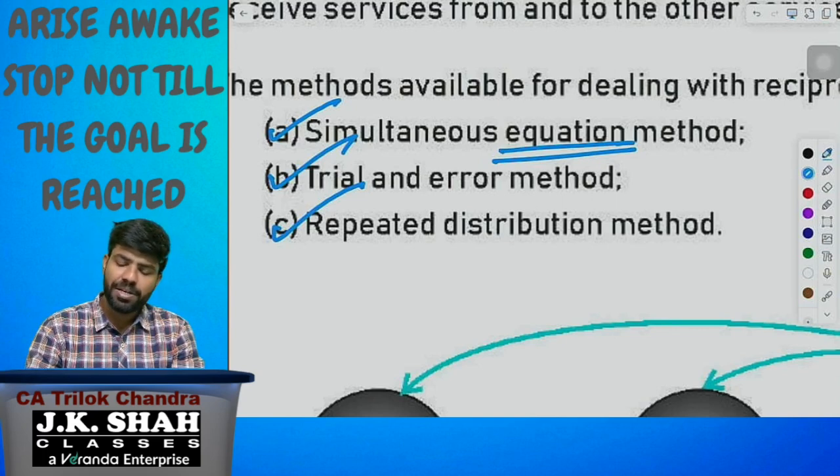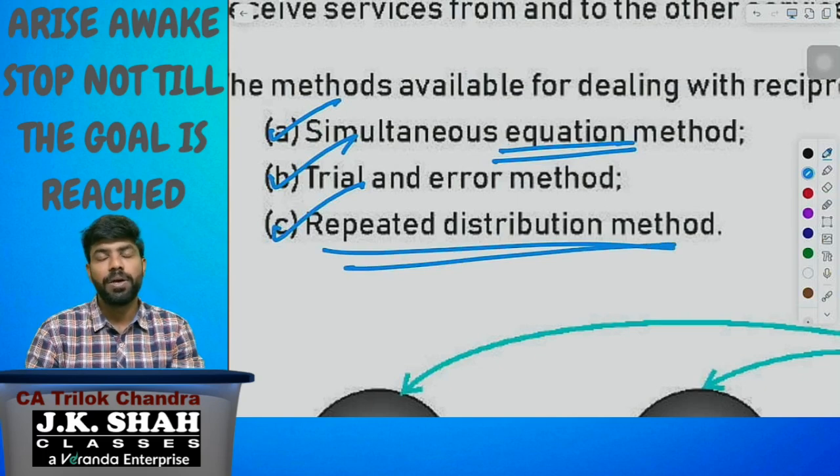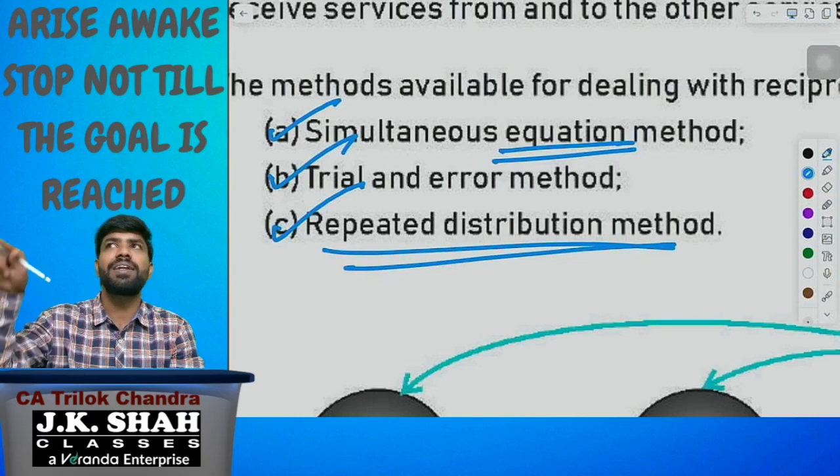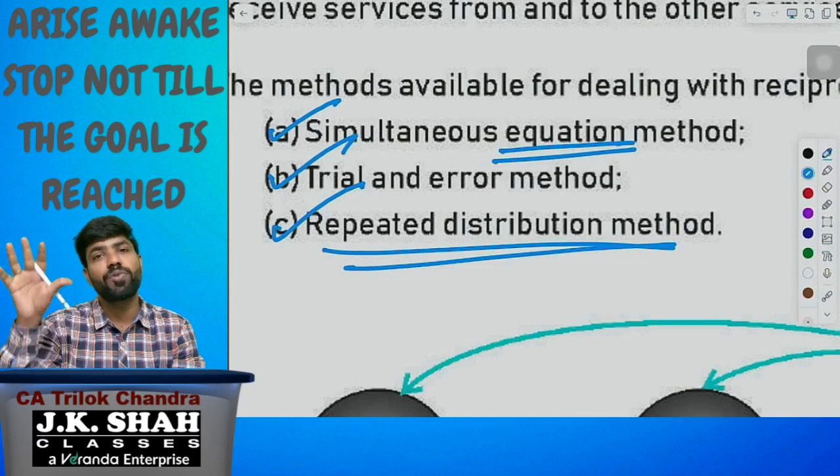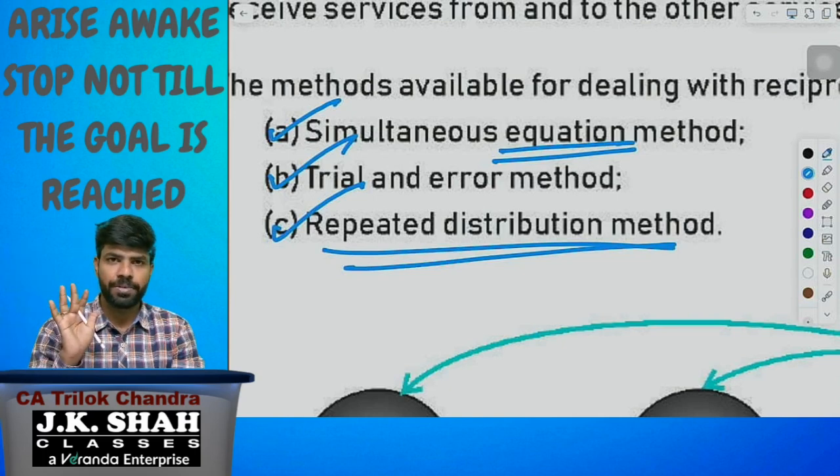Trial and error method is similar to the repeated distribution method. First of all, repeated distribution method means service department cost will be repeatedly distributed until you make the service departments 0. It's better to explain these things with one question. I'll explain that.